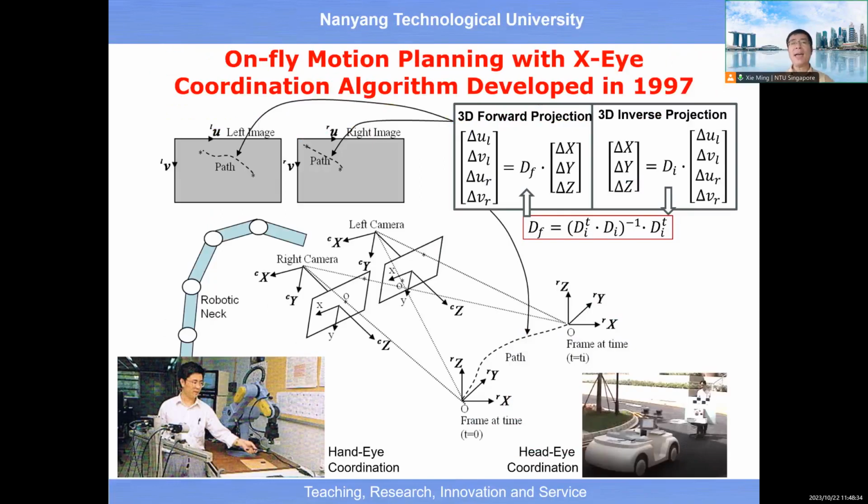Here I highlight some important research results achieved by our team. First is this XI coordination. We use a binocular vision system and managed to discover this simple relationship.